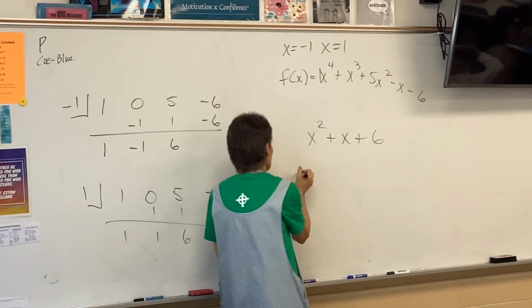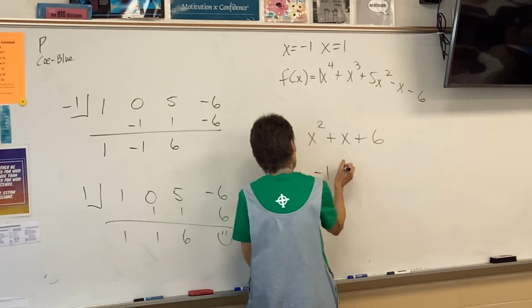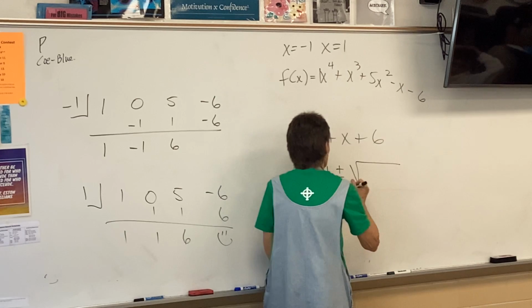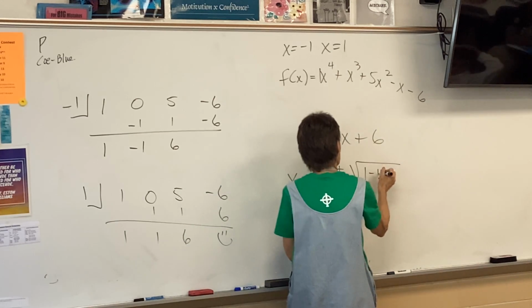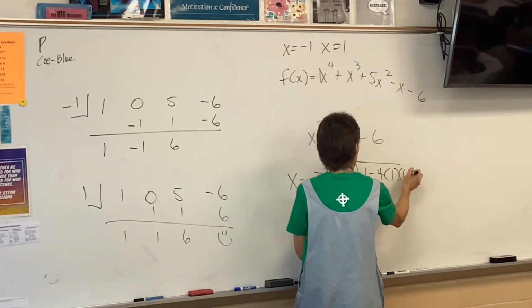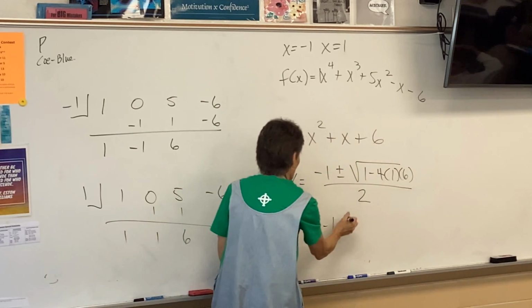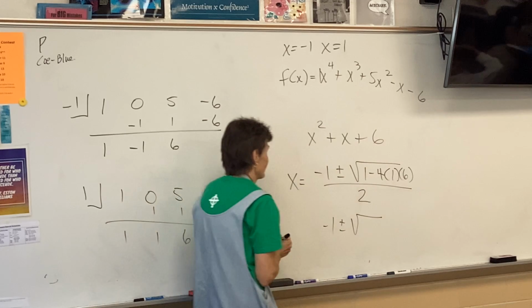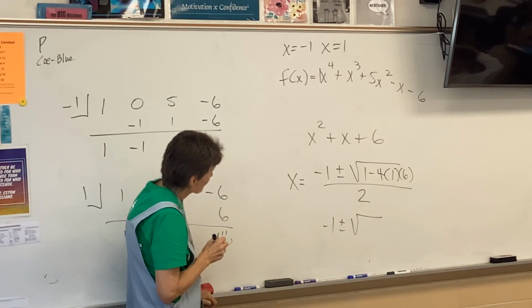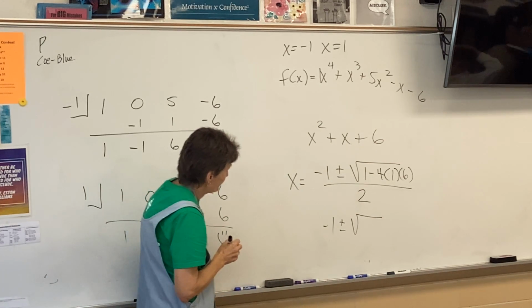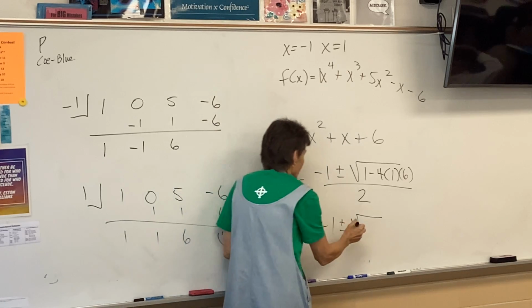So once again, negative b plus or minus the square root of b squared minus 4ac all over 2a.